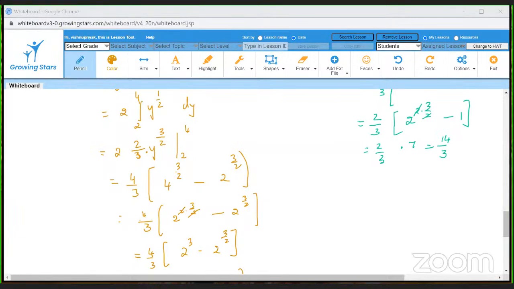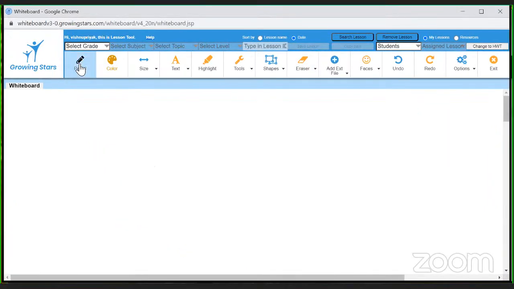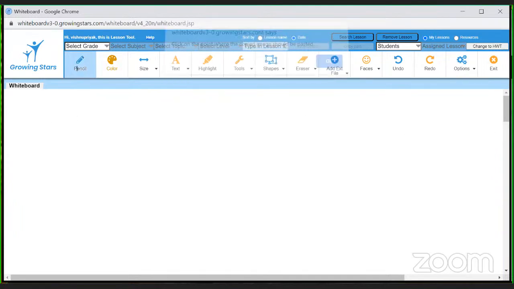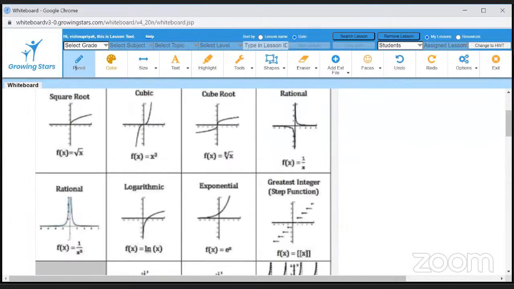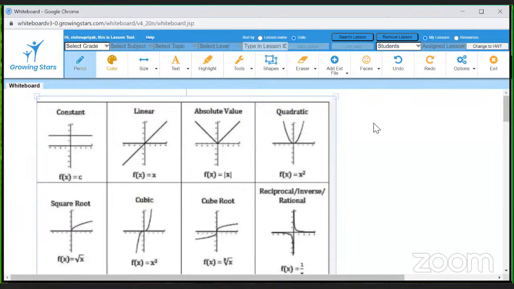I told you I will paste some graphs which you have to learn by heart. So these are the graphs. Roughly you must know how to draw the shapes. Just go through them and see how to draw. See each and every graph carefully, one by one.